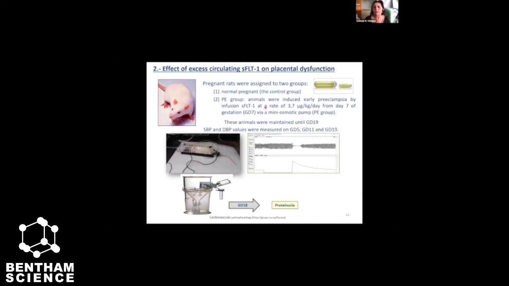These animals were maintained until gestational day 19, and we measured systolic and diastolic blood pressure on GD5, 11, and 19.